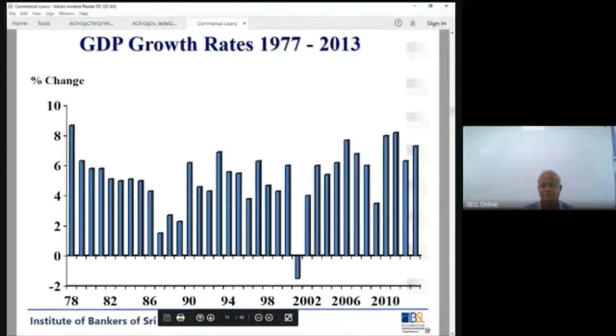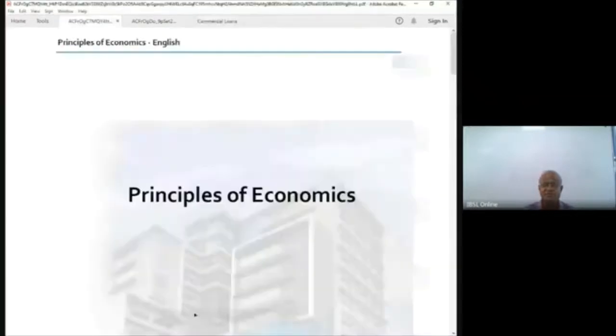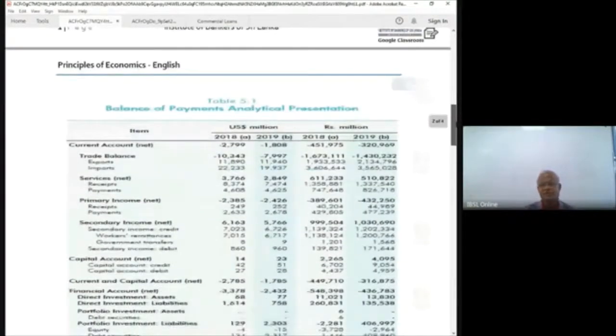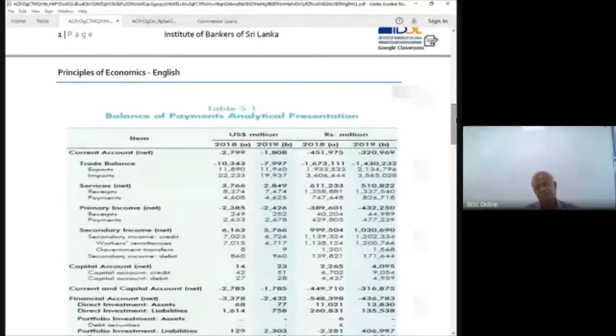Now we have to know what the balance of payment is. It's an account. What kind of transactions are entered? Foreign transactions between residents and residents of the other countries. There can be a balance of payment surplus or a deficit. But now we are going to discuss the overall balance of payment account. In the Central Bank Annual Report, Chapter 5.